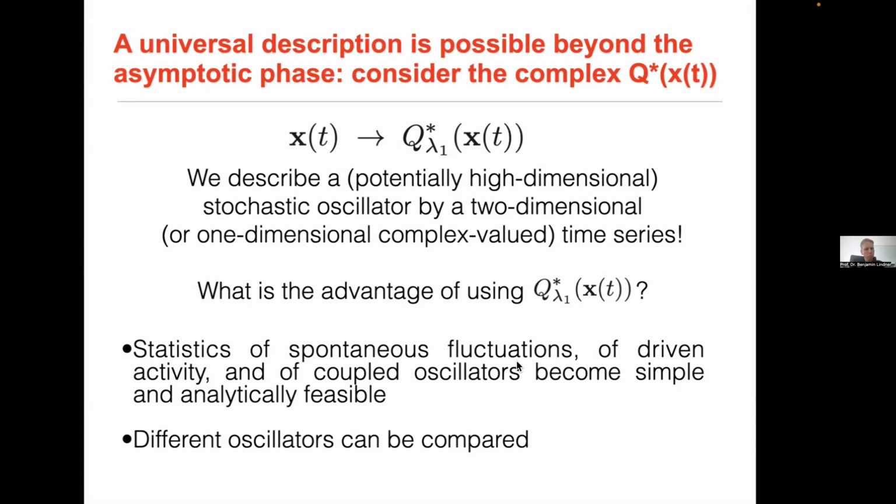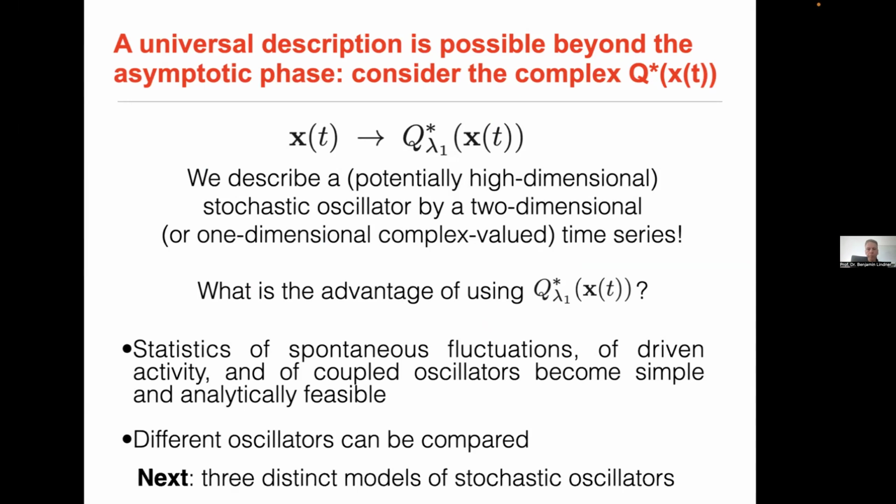So that's comparable to what has been achieved with the deterministic phase description. And also, I should say, synchronization can be well defined, as I will show in the very end of my talk.